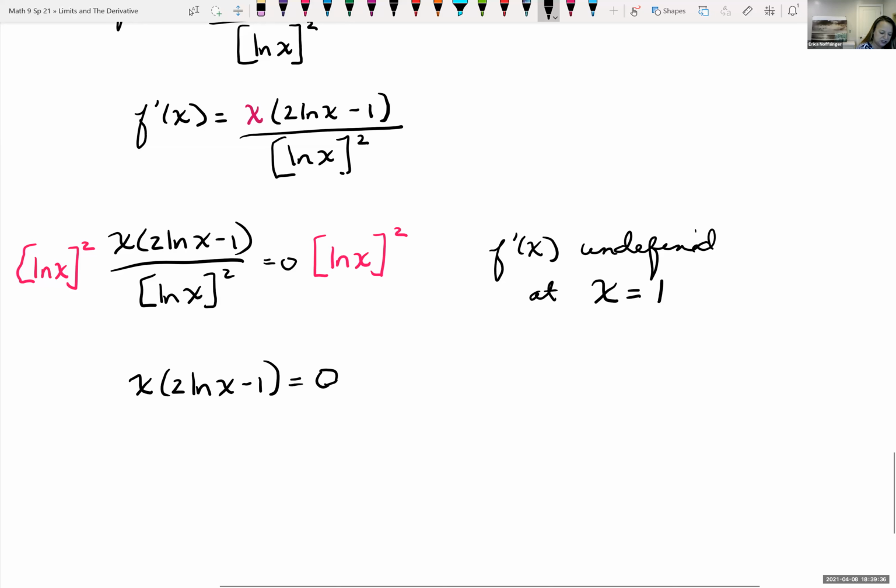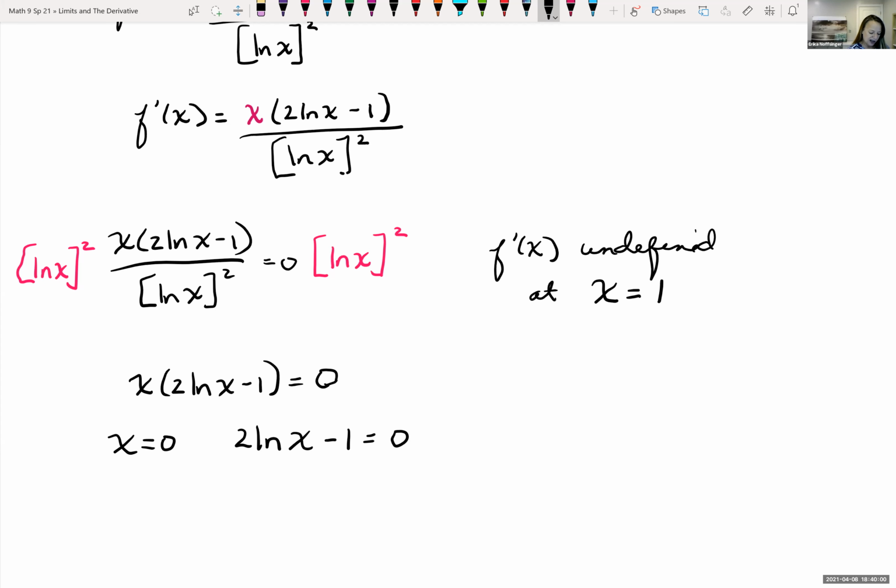So now I'm setting each piece equal to 0. So I'm looking at when is x equal to 0. That's pretty self-explanatory, right? 2 natural log of x minus 1 equal to 0. Okay, so I'm going to solve for this. We're solving log equations.